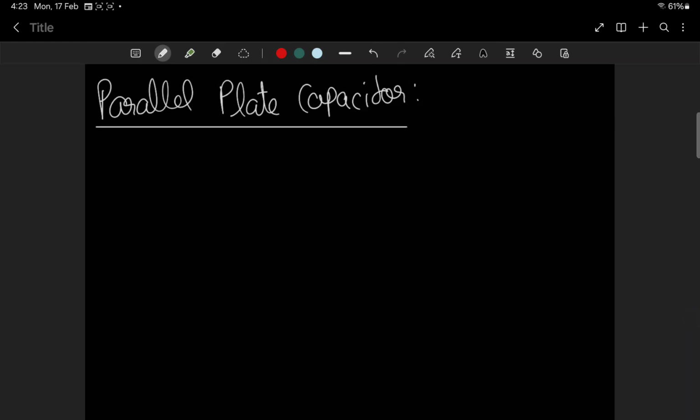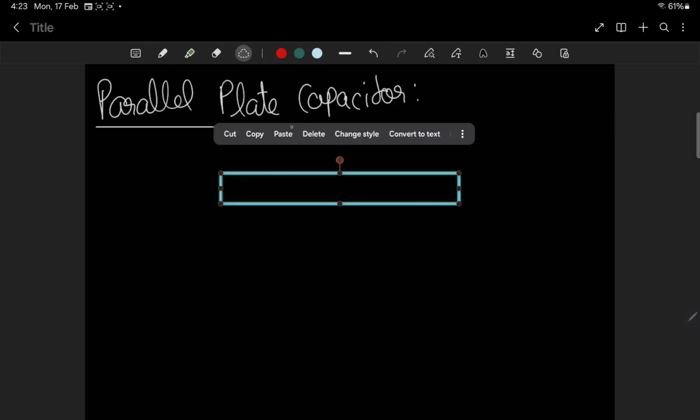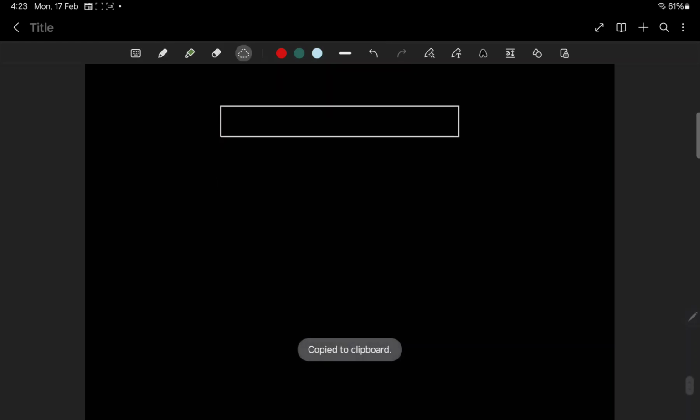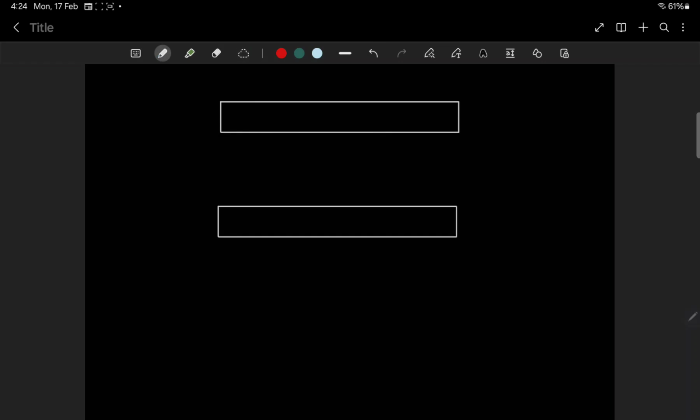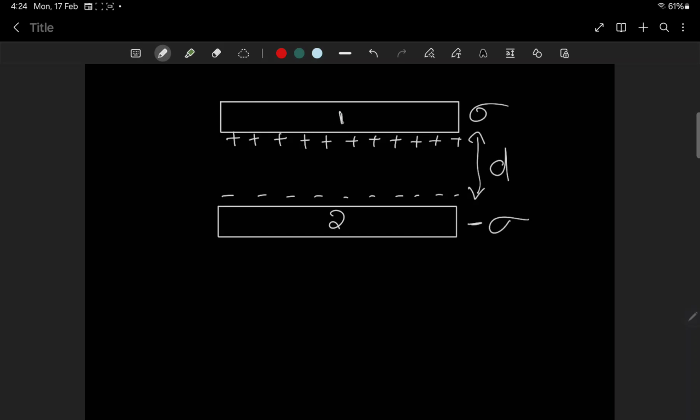That means a capacitor with two plates, one positively charged with sigma and one negatively charged with minus sigma. The distance between the plates is d, and the area is A.